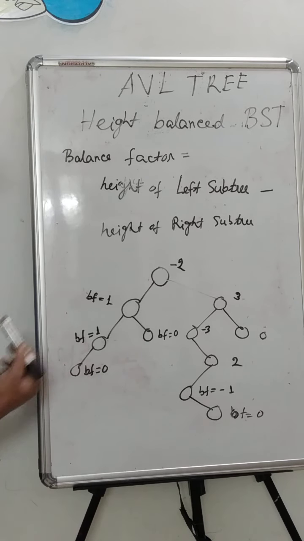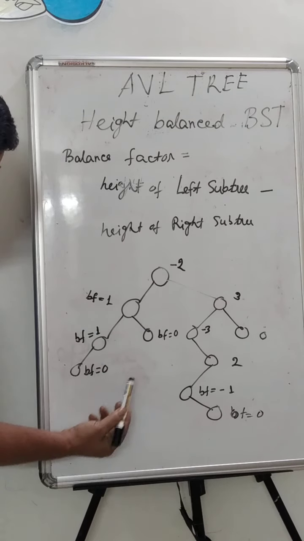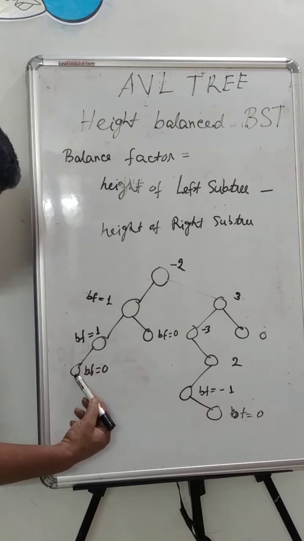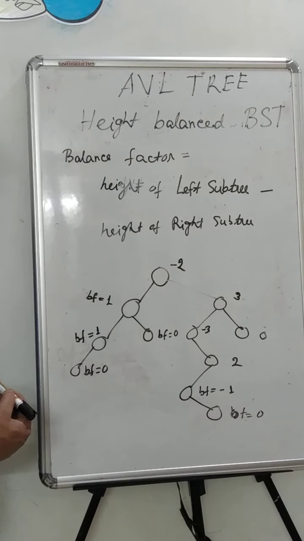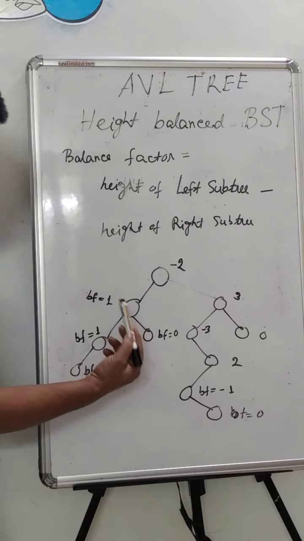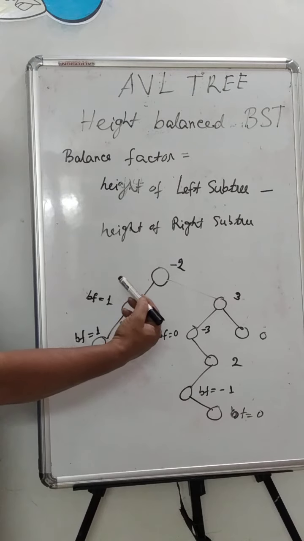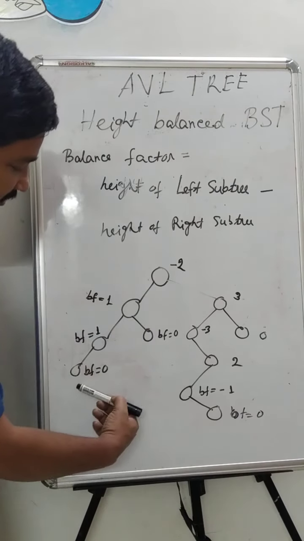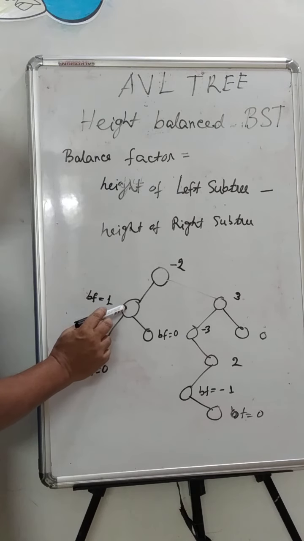But the balance factor of this node is 1 because the height of this subtree is 1 and the height of this subtree is 0, because there are no nodes here, but here at least one node is present. So the balance factor of this node is 1. Similarly, the balance factor of this node is also 1, but their depth and height are not the same, still this node's balance factor is 1.